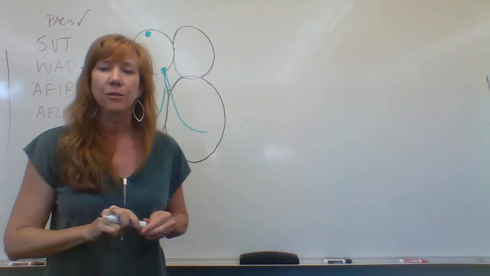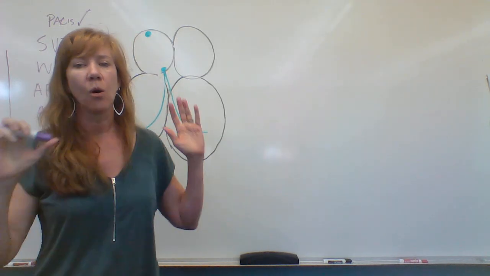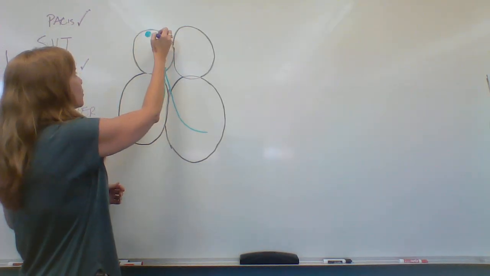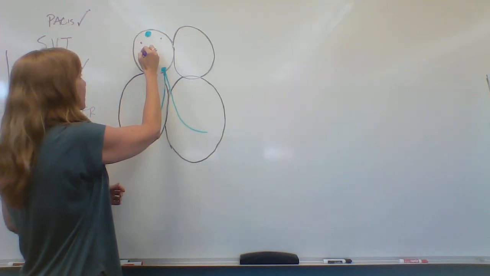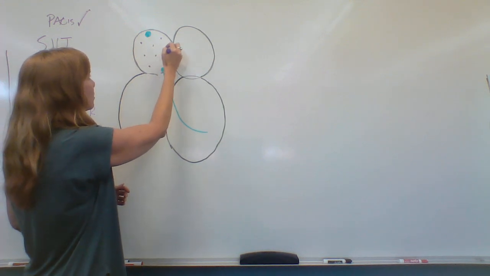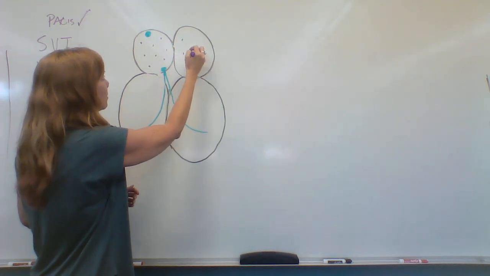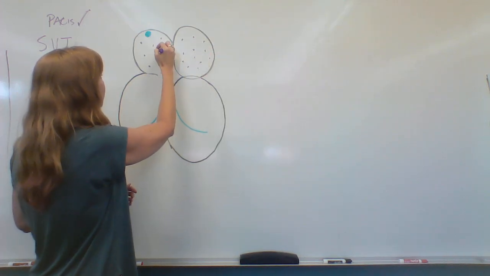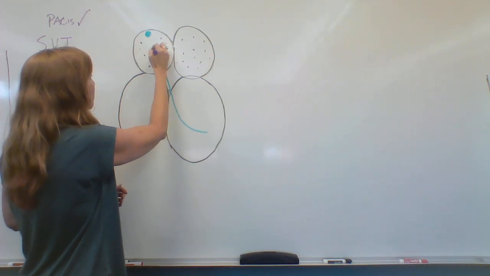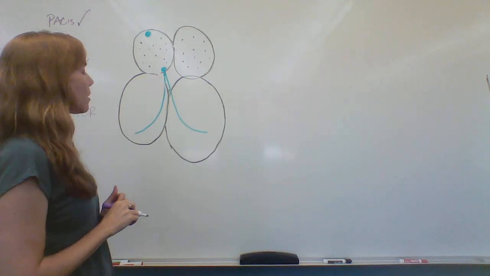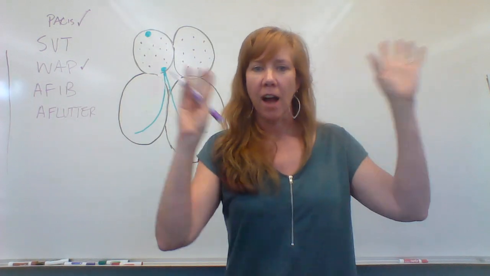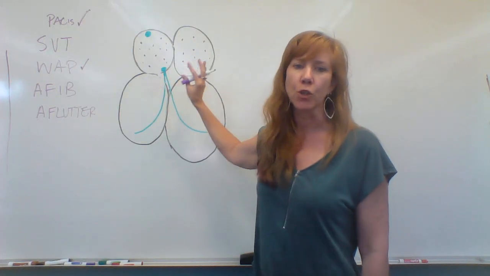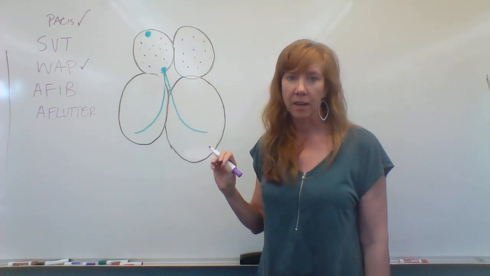In atrial fib, you have so many ectopic foci in the atria, all over the place. They're all firing. It's like an electric storm in the atria.